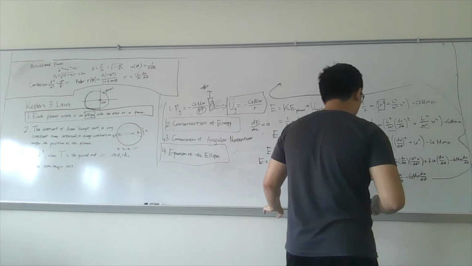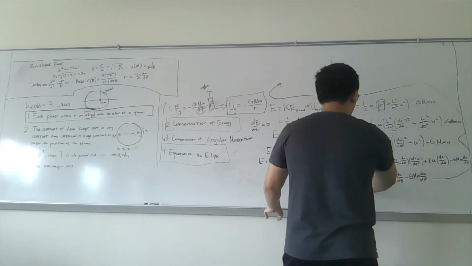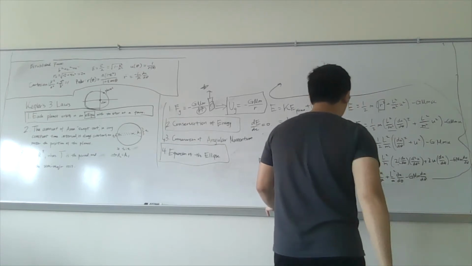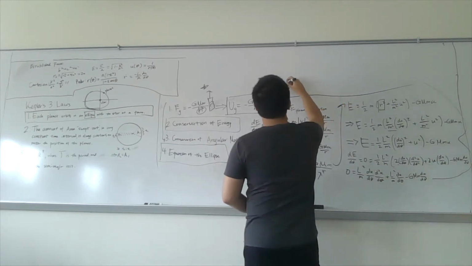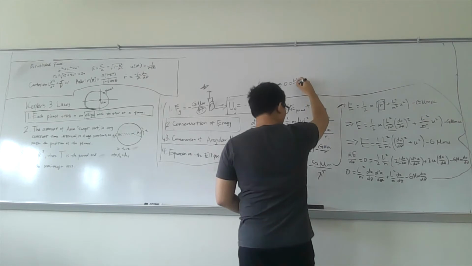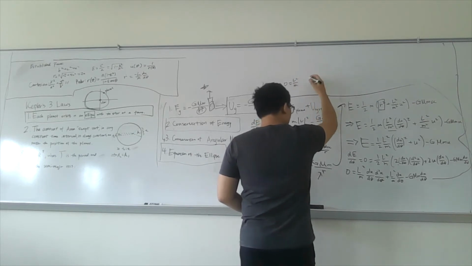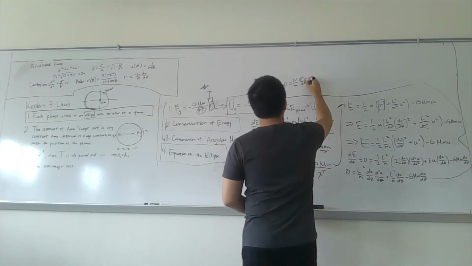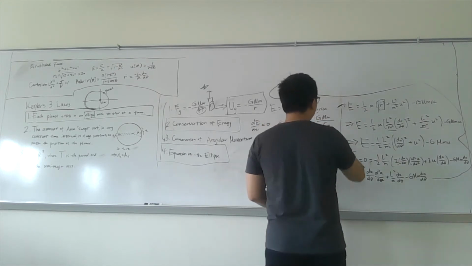We can note that we can divide the entire equation by the derivative of u with respect to theta. We get 0 equals L squared over m times the second derivative of u with respect to theta.